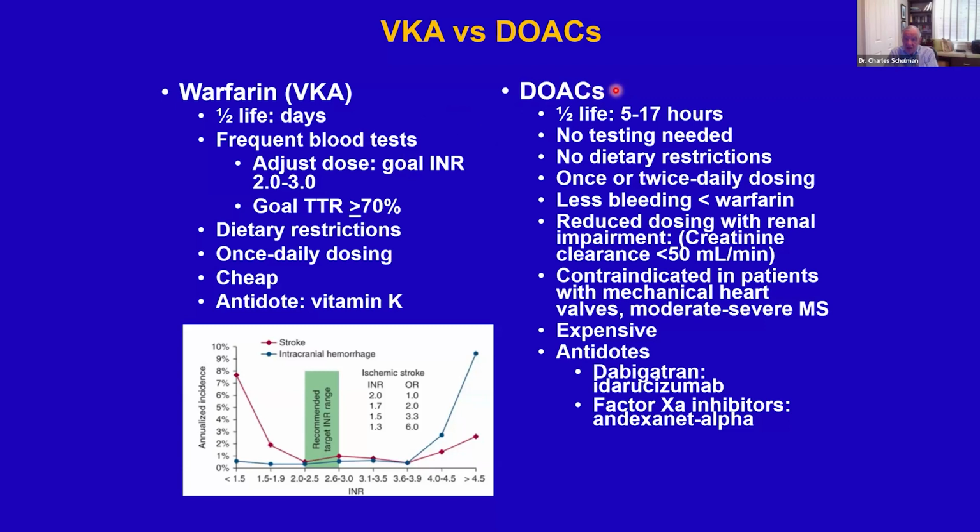For the direct oral anticoagulants, there's no testing, no dietary restrictions. They're either once daily or twice daily in the case of apixaban dosing. It's been shown multiple times that there's less bleeding than warfarin. You have to adjust the dose with renal impairment. I'm going to talk about that in a minute.